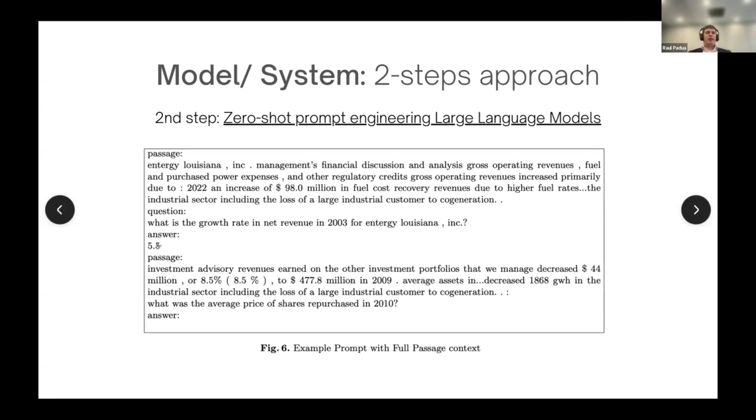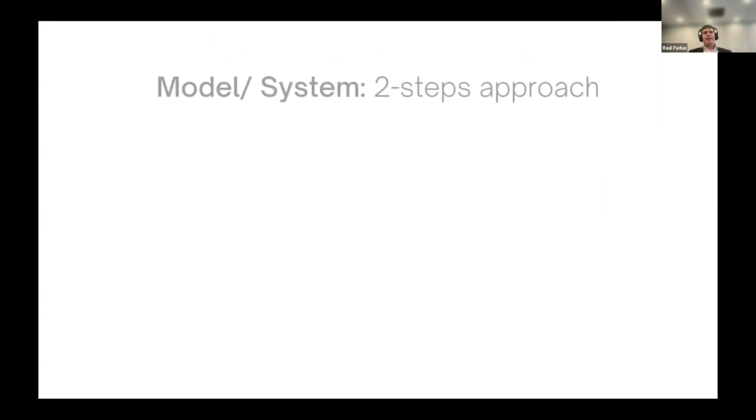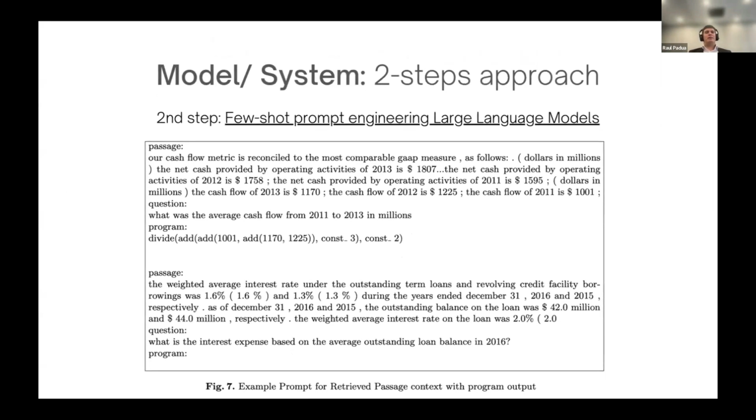From the context, the model should answer 5.5, performing those steps. And we experimented also with few shot, where you give a little bit more examples. With zero shot, you just ask and expect an answer, just providing the context. But here with prompt engineering, we did few shot, in-context prompt engineering, to predict the program, and given the program, predict what the answer was.